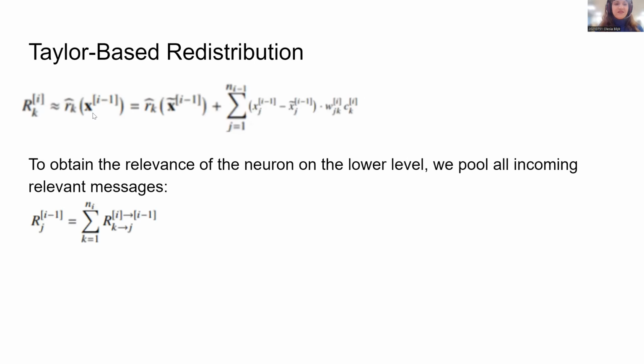After finishing the redistribution of the relevance from each neuron on the higher level I to the lower level neurons, we can calculate the lower level relevance values. For that, we just sum all the relevance values that transferred from all the neurons at the higher level to this particular neuron on the lower layer.